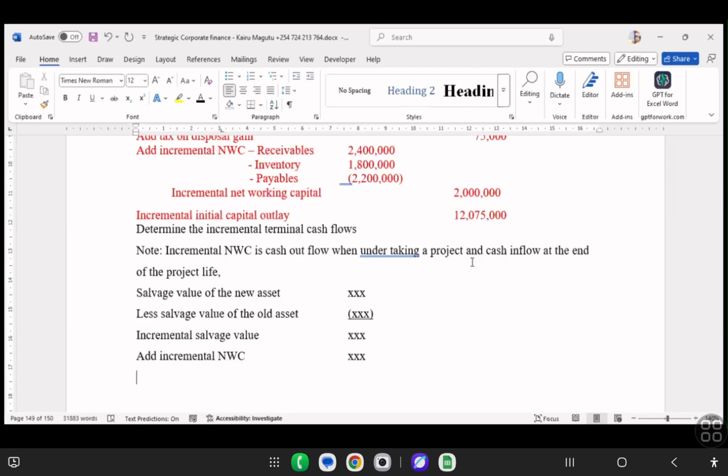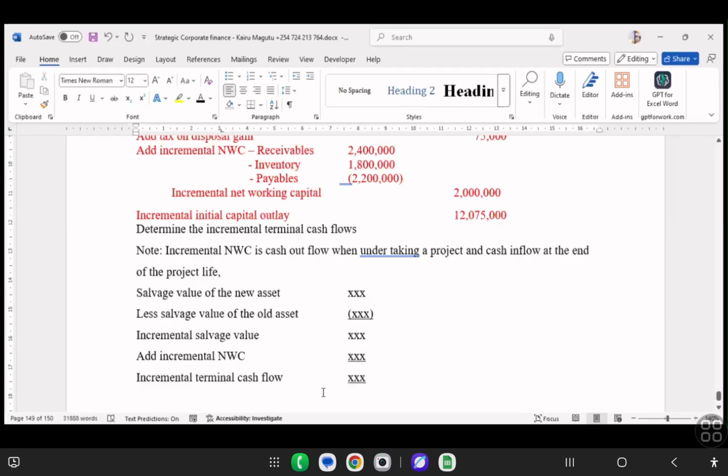Then from there, this is the incremental terminal cash flow. Incremental terminal cash flow, like that. This is the way to go about it.